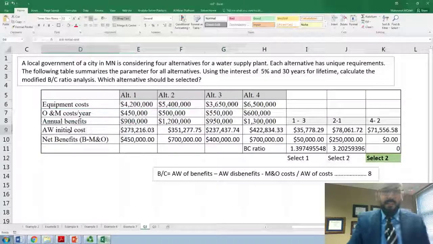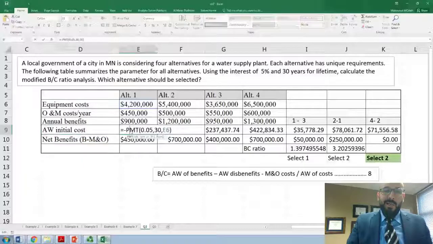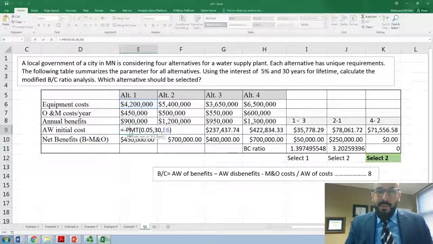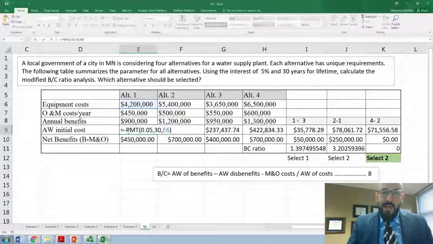And in this column right here, we calculate the annual format for the present worth of equipment cost. I used the PMT function here. So I added the PMT function with 0.05, which is the interest rate, 30 years, and the initial cost.